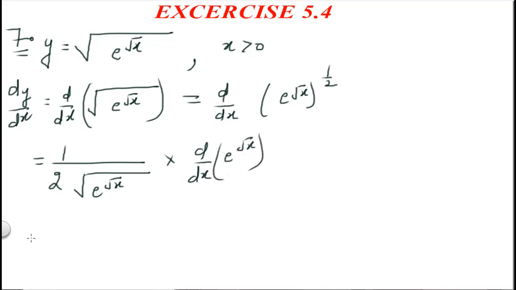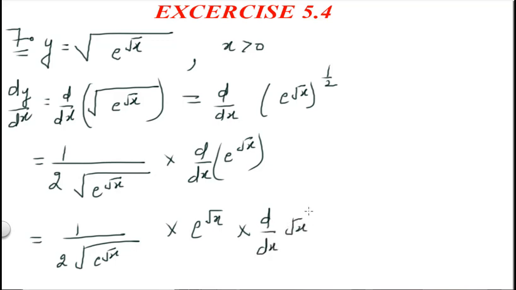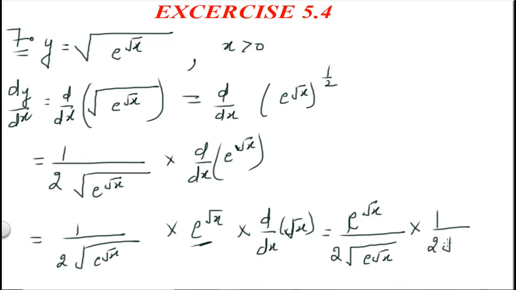Correct? We know the differentiation of exponential functions remains the same. d by dx of e to the power root x will be e to the power root x into differentiation of root x. Applying the chain rule, see what we get: 1 by 2 under root e to the power root x, with e to the power root x in the numerator, into 1 by 2 root x.